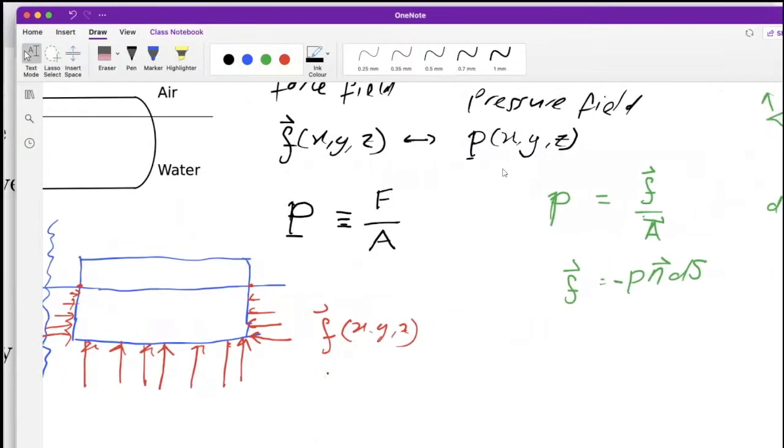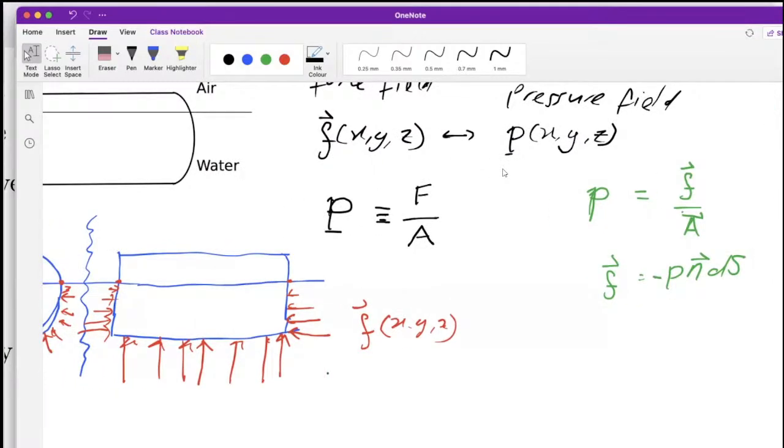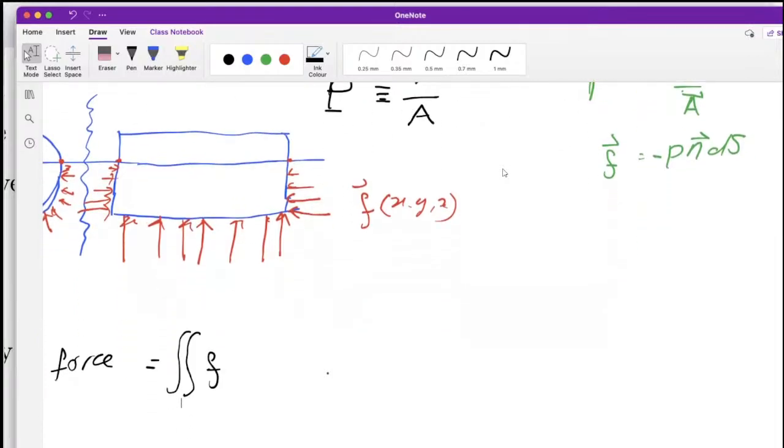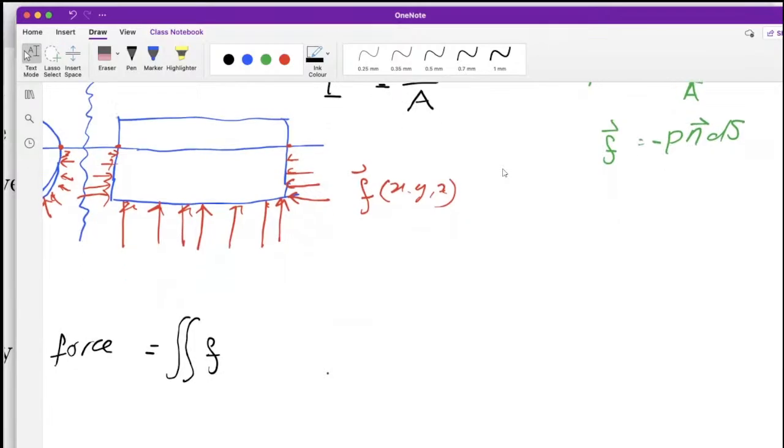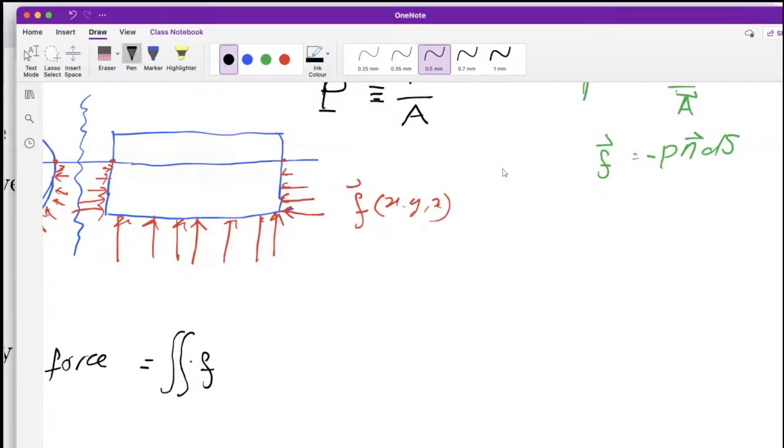Let me think for a moment here so that I don't get this confused. So I need to have a different notation. Because we are talking about the surface, I'm going to use dS. Before, we just used a as a small area in this.